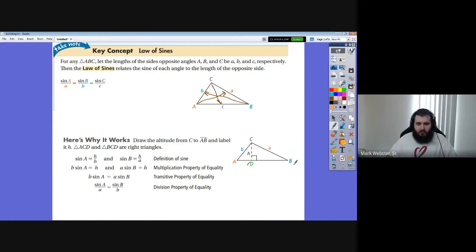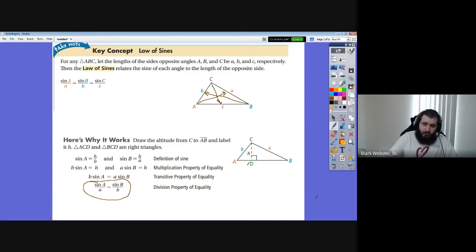Likewise, if we go from this side, the sine of angle B right here is also opposite over our hypotenuse. So then you can solve for h, set them equal to each other using that transitive property, and then divide both sides, the A and the B down, and that gives us this formula right here.